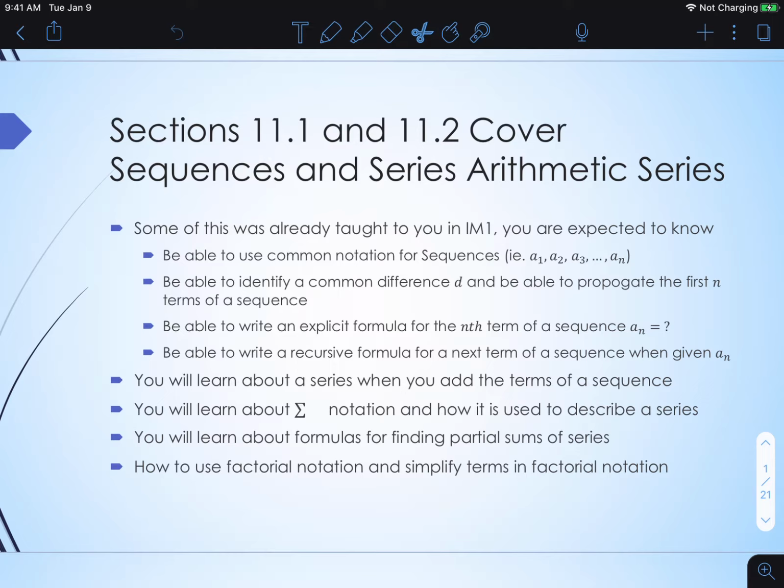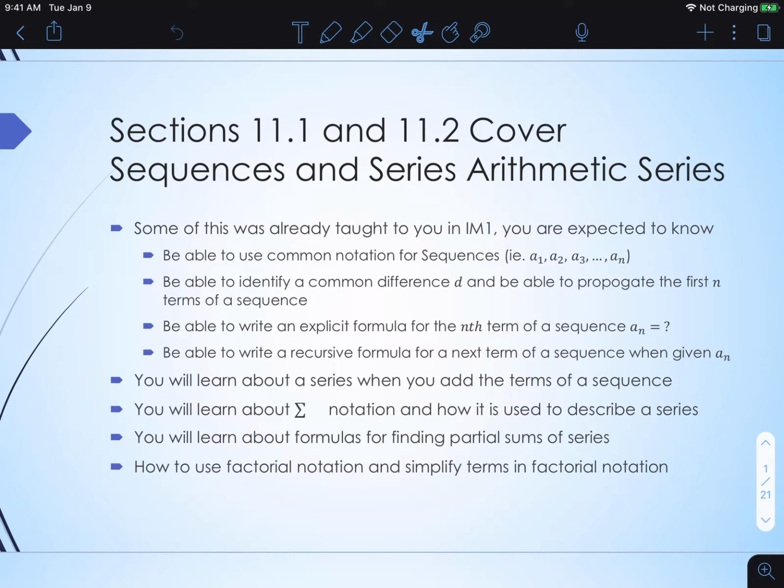You should be able to write an explicit formula for the nth term of a sequence, so finding what a sub n is equal to. You should be able to write a recursive formula for the next term of a sequence when you're given what a sub n is. And then today we're going to be also covering some things to add on.